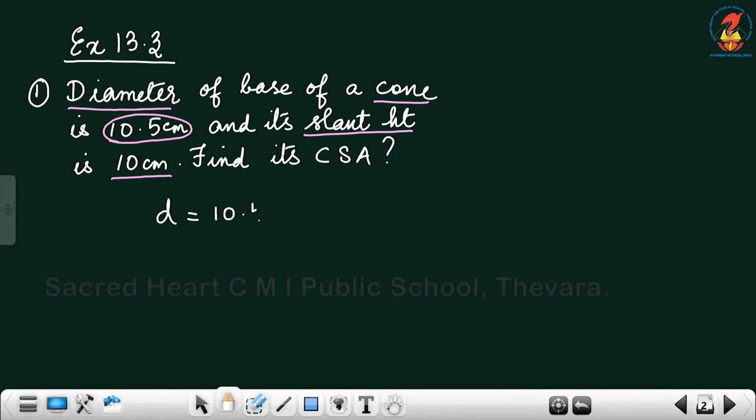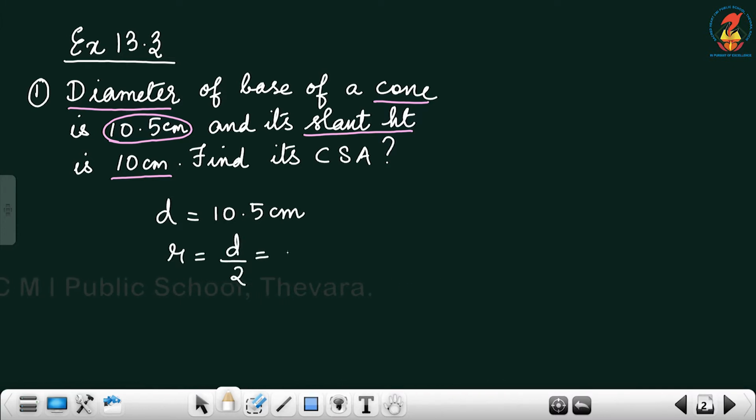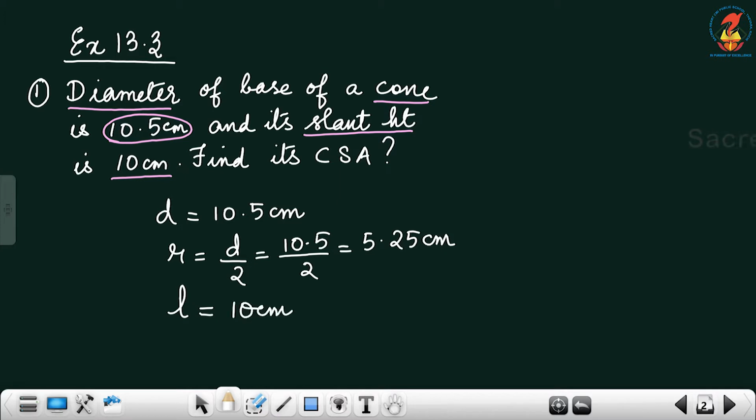Diameter is given to be 10.5 centimeter. So radius will be diameter by 2, 10.5 by 2, which is equal to 5.25 centimeter. Then what else is given? Slant height is given to be 10 centimeter.